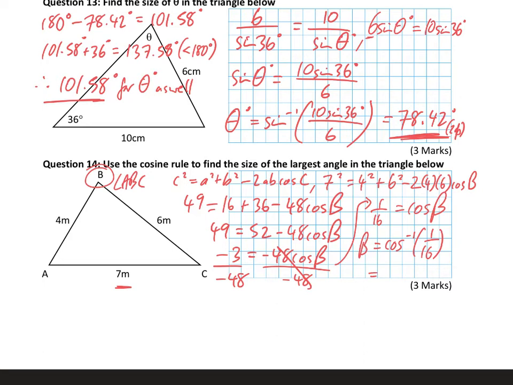Inverse cosine of 1 over 16 gives me 86.42 degrees to 2 decimal points. Okay? That's page 6 done. So moving on.